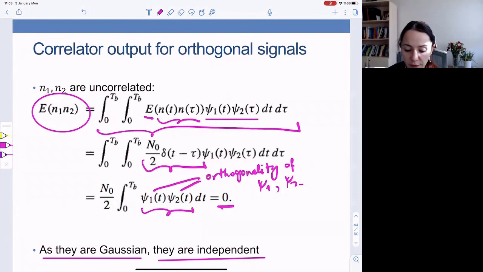And when I form this cross correlation, I realize that since the process is white, it has an autocorrelation function which is a delta function.